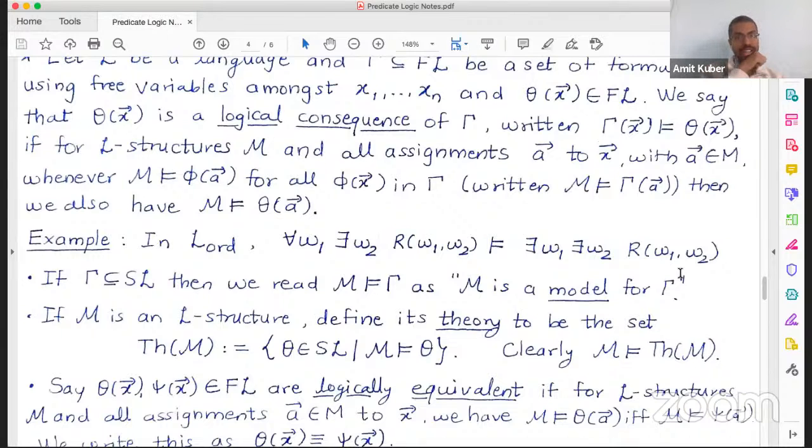Now, in your syllabus, you have courses like group theory, ring theory. You are actually referring to the axioms of groups. You are referring to the axioms of sets when you are talking about set theory.